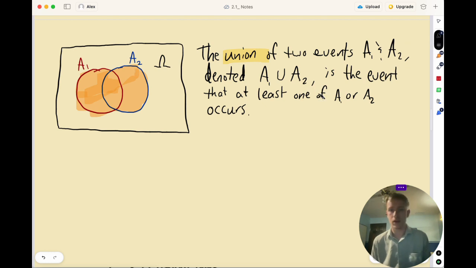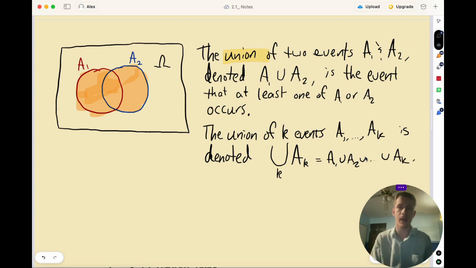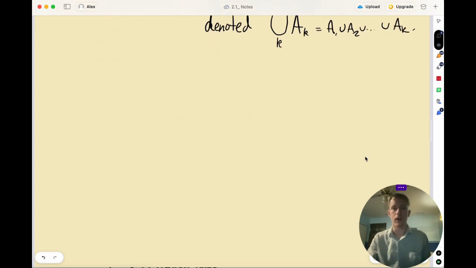It's also worth mentioning that the union of k events, A1 all the way through A sub k, is denoted with this big union sign over A sub k. And this really just means A1 union A2 union all the way until A sub k. All right, let's do the next one.